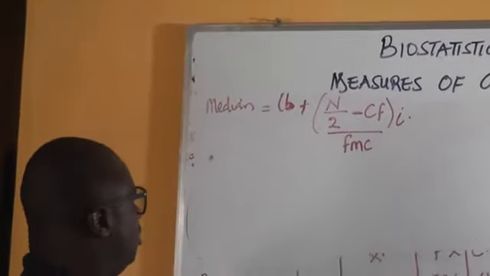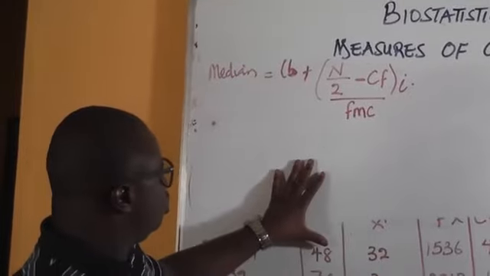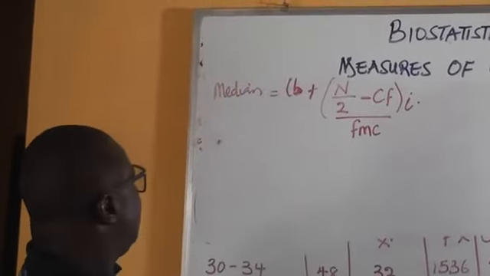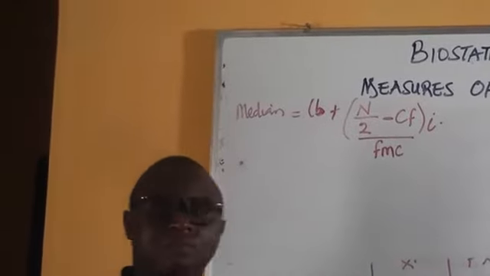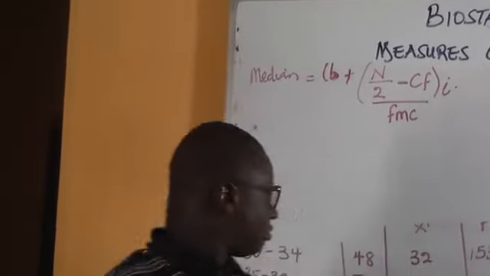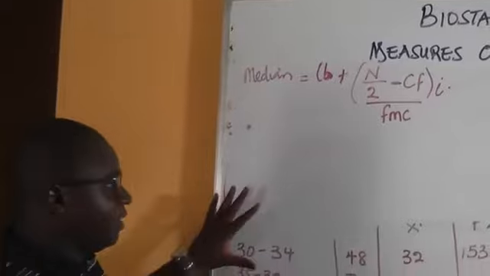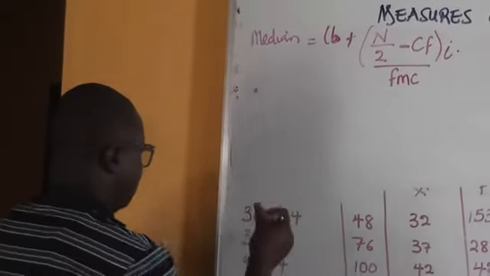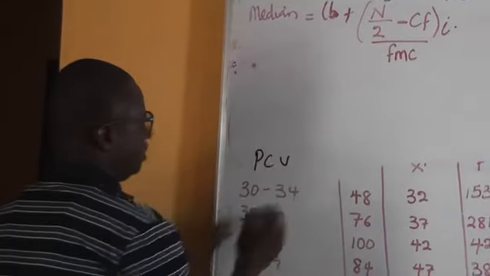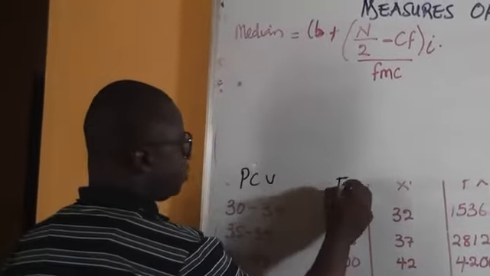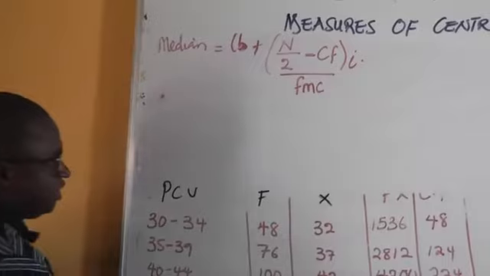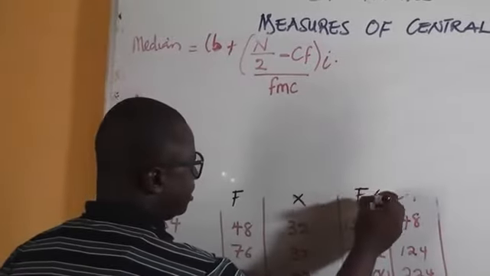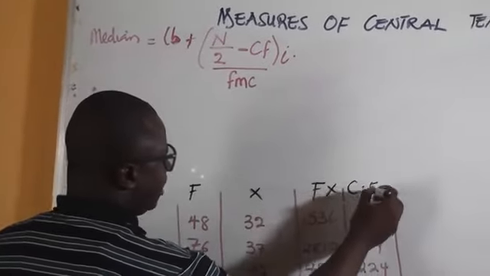Before we go into calculating, what is the meaning of these guys? LB stands for lower boundary. Let's come back to this table. Maybe I should just write PCV. This is our PCV. This was our F, and this was our midpoint, which is X. And this is our FX, and this is our CF.